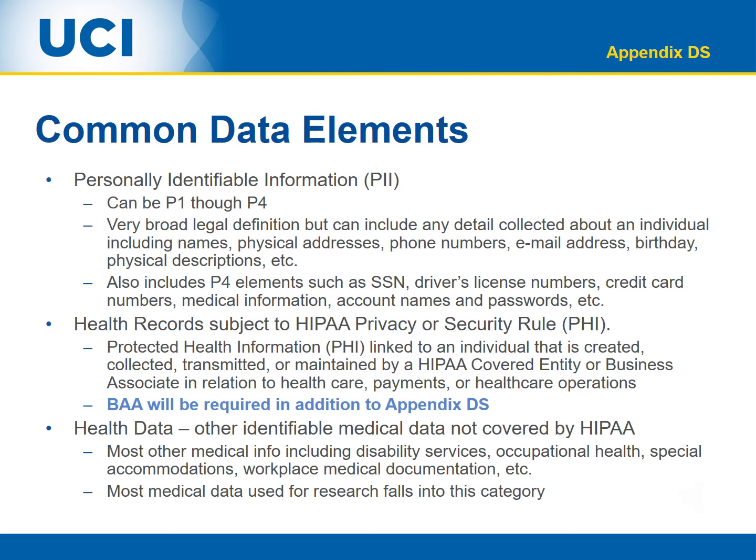There's also HIPAA records. These are very specific things related to healthcare, and it needs to come basically from a covered entity like a hospital or medical center or a business associate that they do business with. That is contrasted a little bit with general health data, which is everything else.